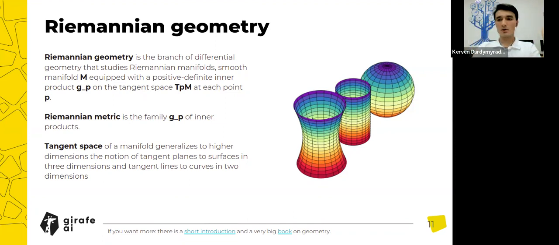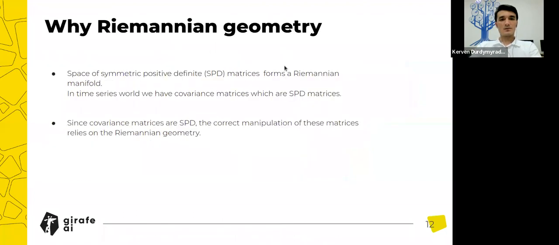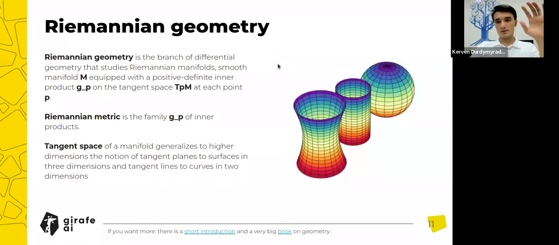I mean, not all spaces have one, but the tangent space of Riemannian geometry is equipped with an inner product, in mathematical terms. So the overview of Riemannian geometry is like this.